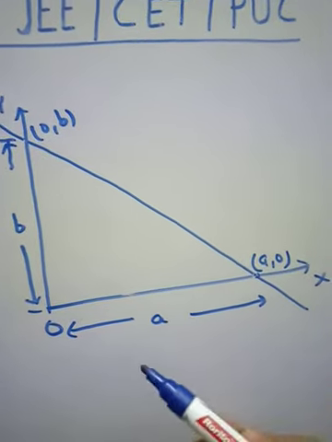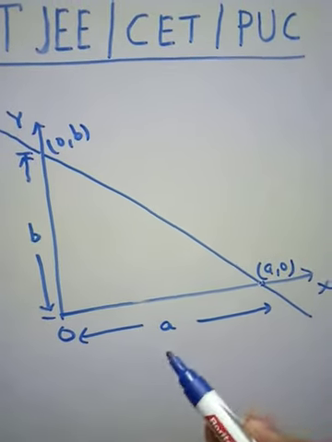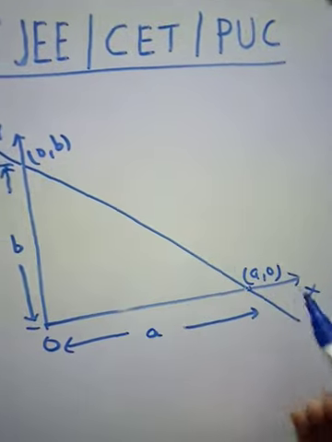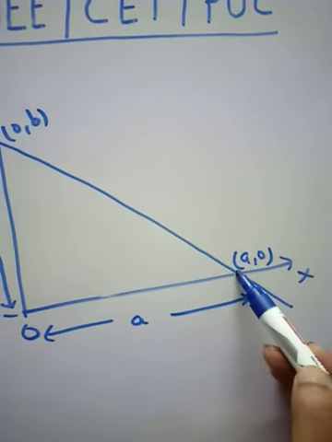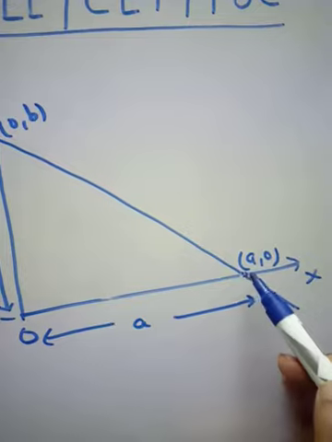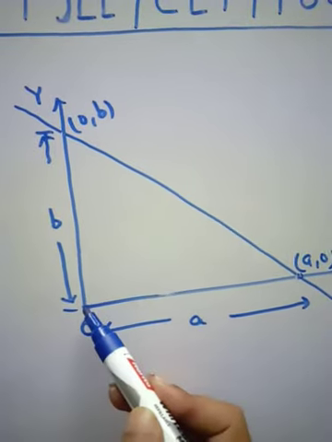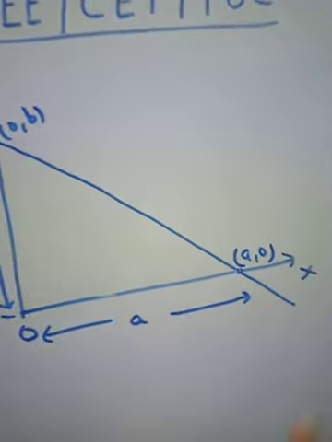For example, x-intercept means where the line cuts the x-axis. What is the distance of this cutting point from the origin? That will be the x-intercept.